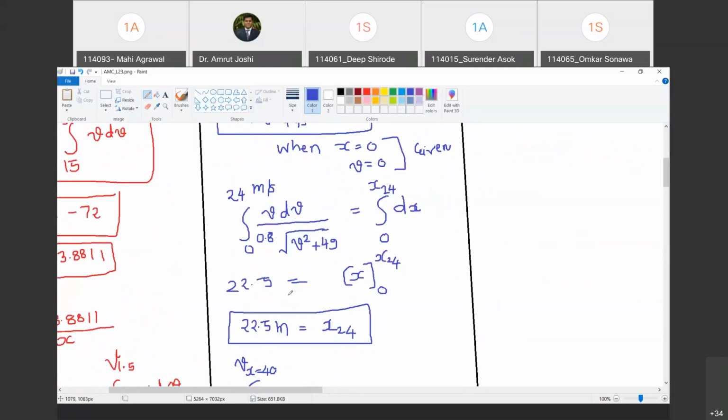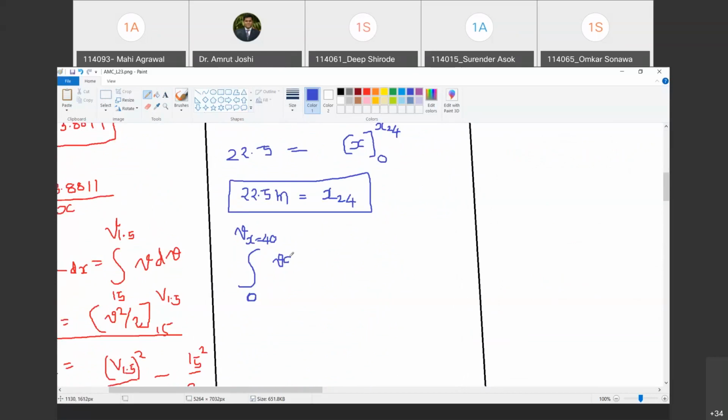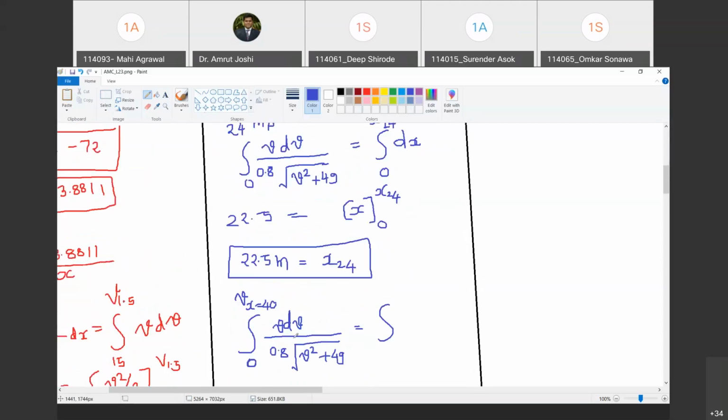And how do I write this? v dv divided by 0.8 square root of v square plus 49. Yes, sir. This must be equal to the integration from when velocity is 0.